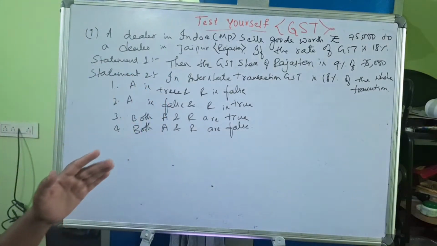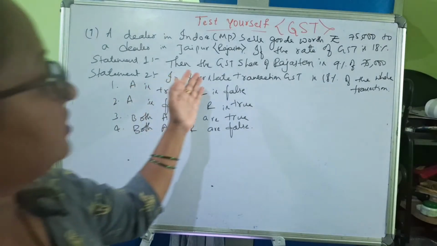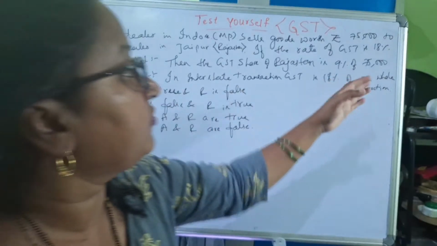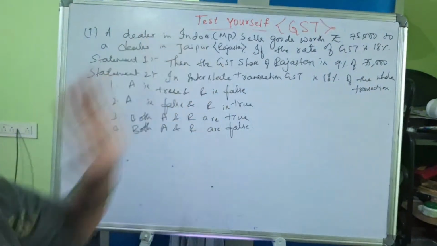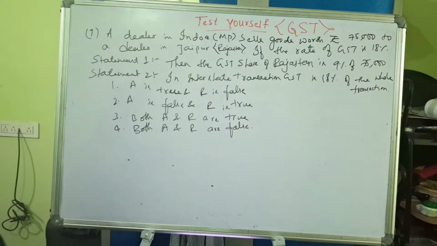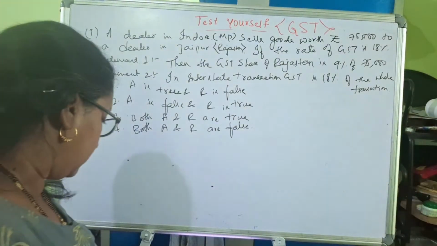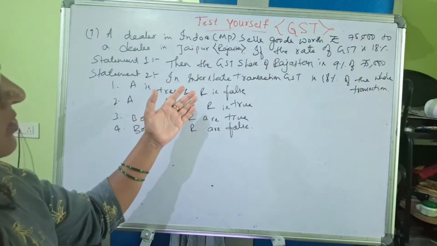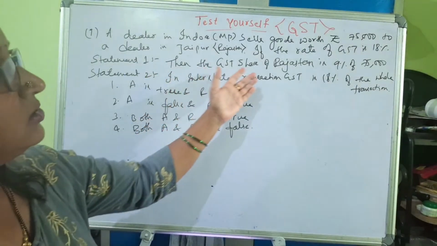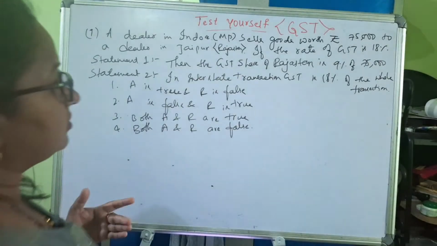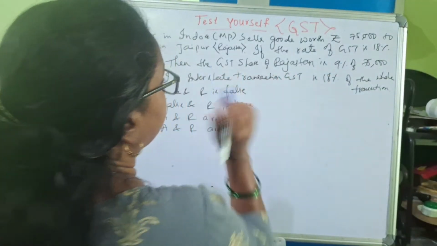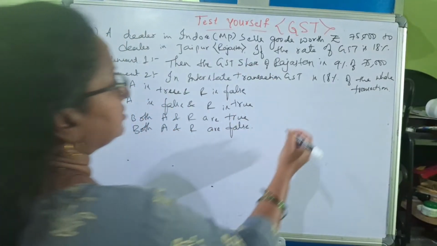In the first statement, they have given that the GST share of Rajasthan is 9% of 75,000, which is wrong, because there is no share of GST valid.